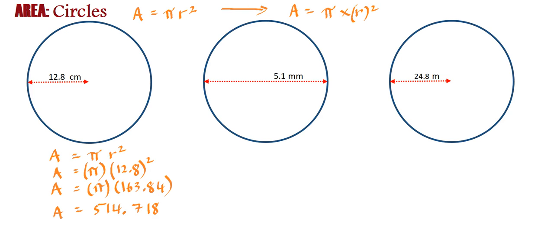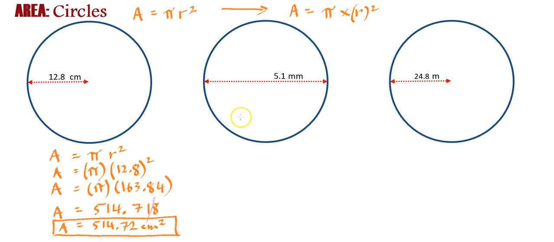So if I am going to do that, I would make the cutoff here and check the next number, which is an 8, which is a big one. So this 1 here has to be rounded off to a 2. So the final answer is going to be area equals 514.72. Unit of measurement, centimeters. It's area, so the units have to be square units. And I can box my final answer.